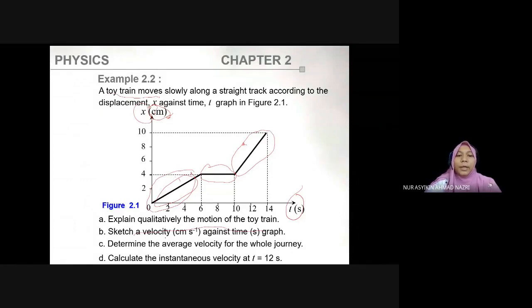Alright, so we go to the next question. Determine the average velocity for the whole journey.